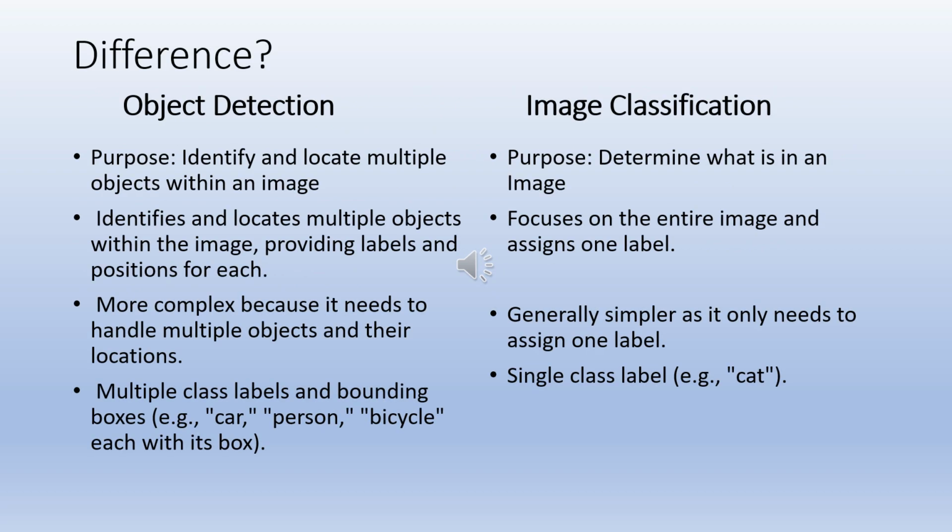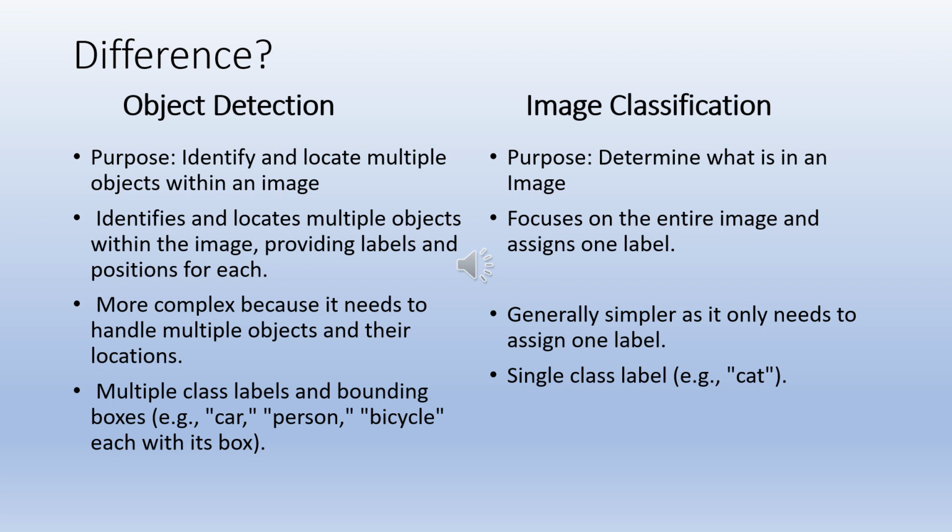So, what is the basic difference between object detection and image classification? Object detection is mainly used to identify and locate multiple objects within an image. Like if you are given a basket of fruit, it will identify all the fruits and say what is there. Whereas image classification determines what is in an image.